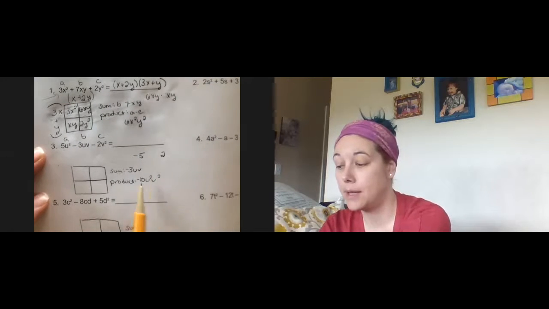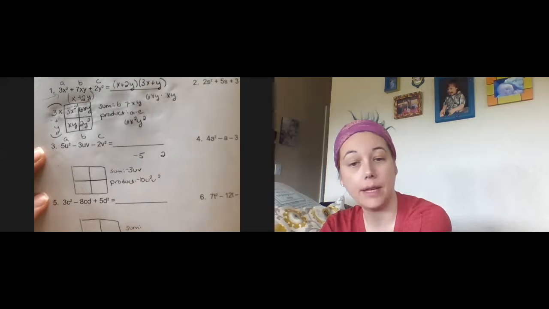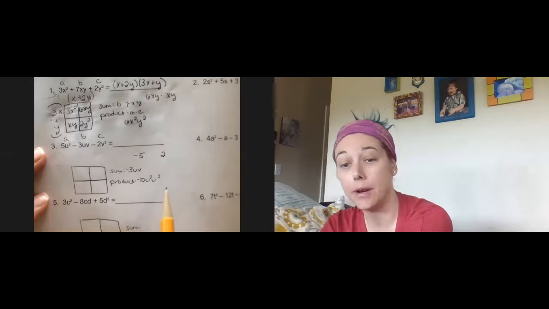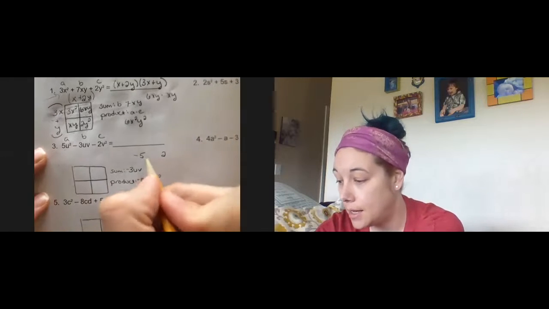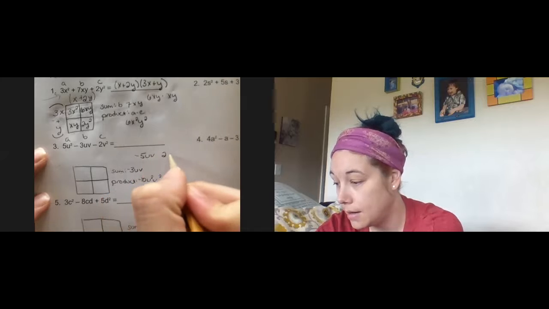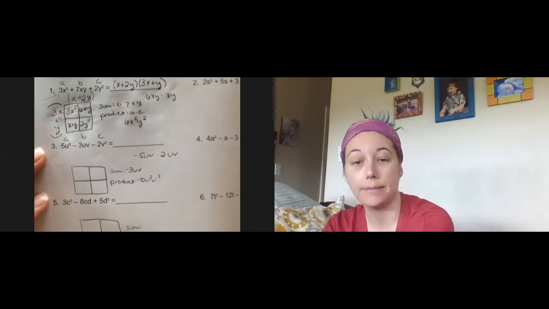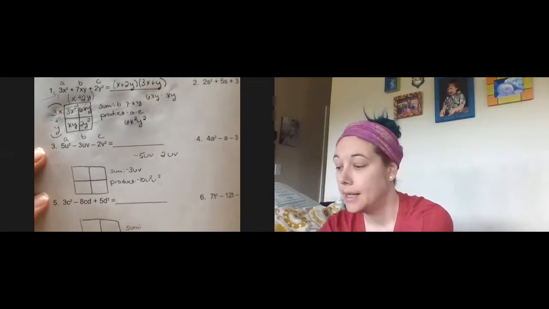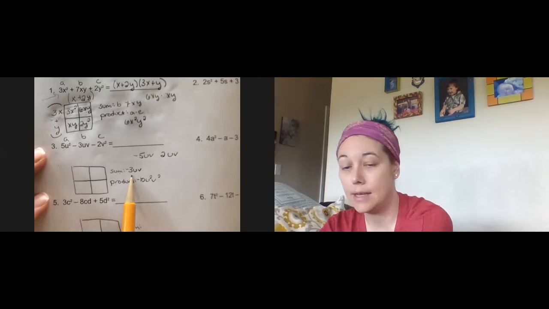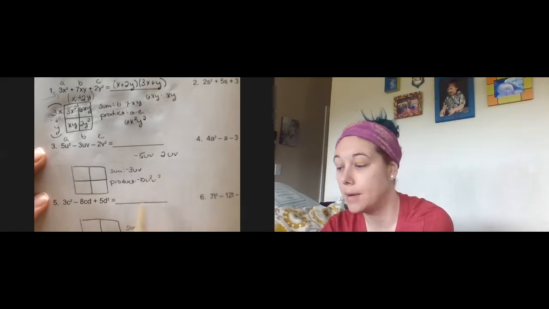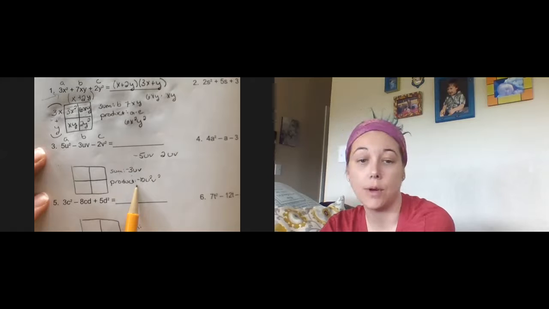When we multiply them together, we get negative 10, and when we add them, we get negative 3. Cool. Now let's deal with the variables. We need a u and a v there, and a u and a v there. Ta-da, that's it. Negative 5uv plus 2uv is negative 3uv. And when we multiply them together, we get negative 10u squared v squared.